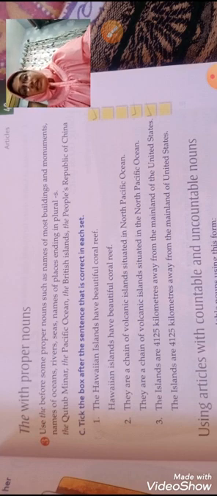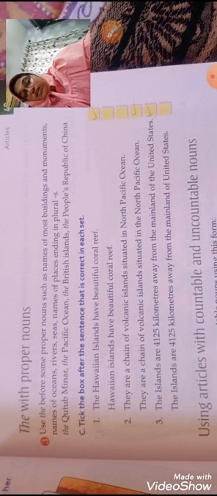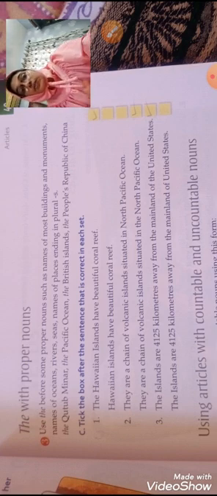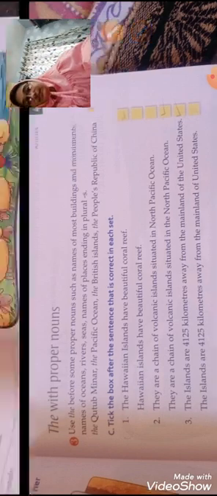Question 3. The islands are 4,125 kilometers away from the mainland of the US. The islands are 4,125 kilometers away from the mainland of United States. So again, the United States is a proper noun. That is why option A is the correct one.